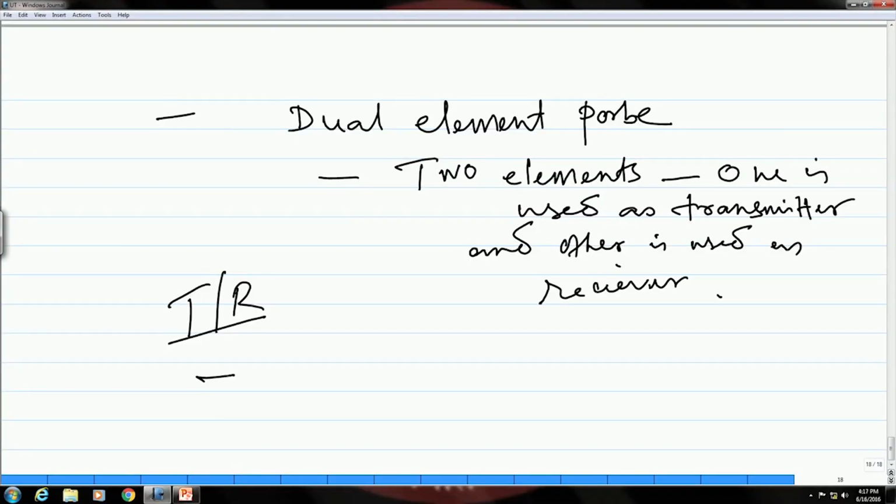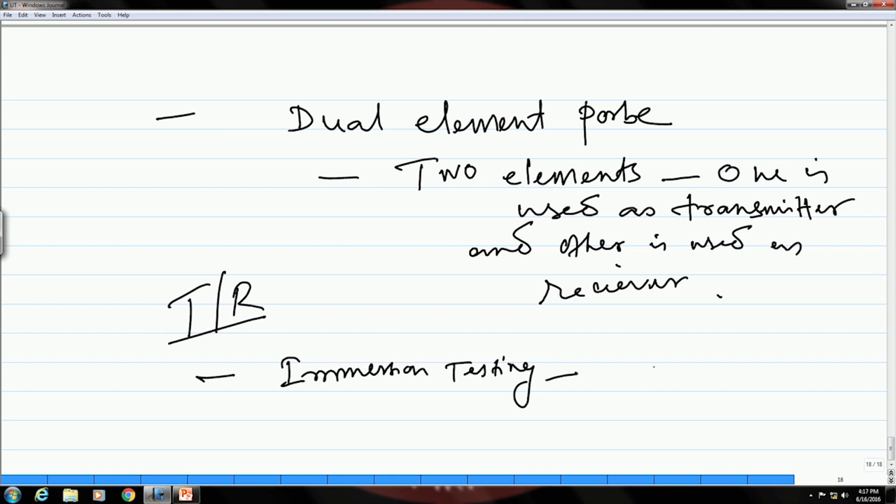And there is one more method by which you can address dead zone, that is by immersion testing. Okay.